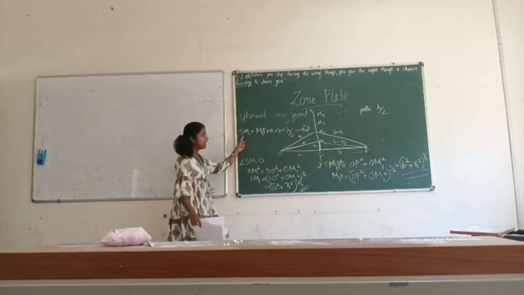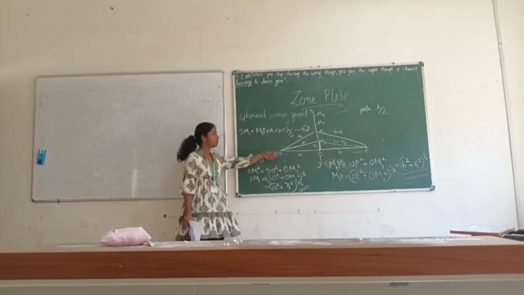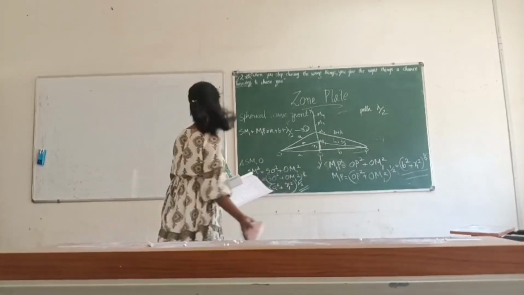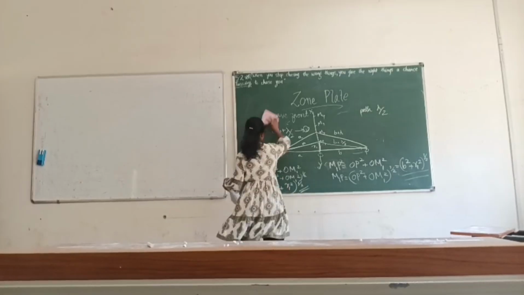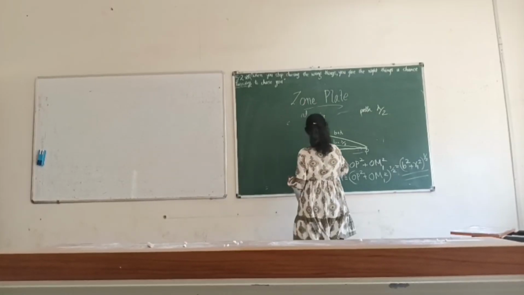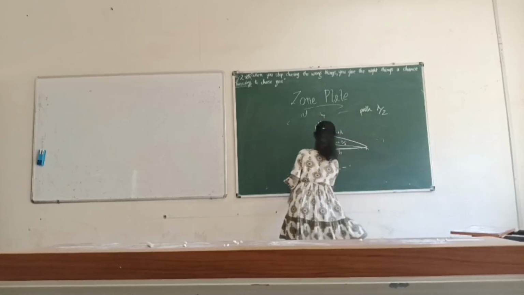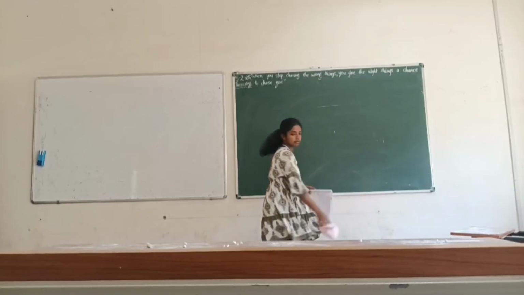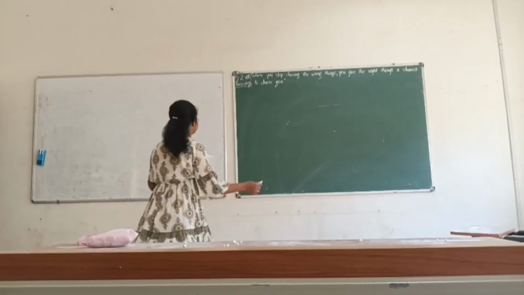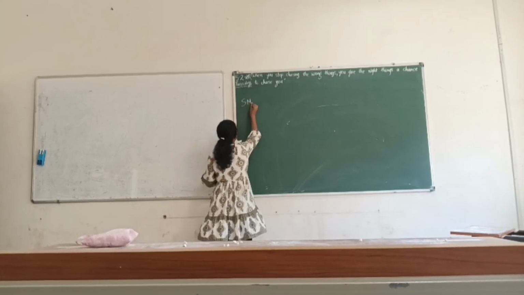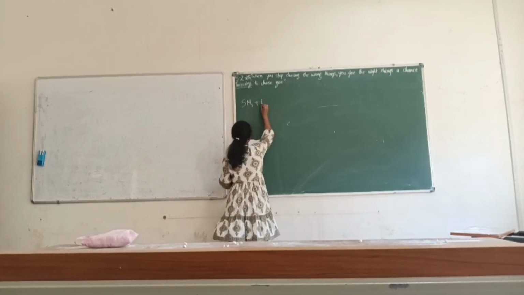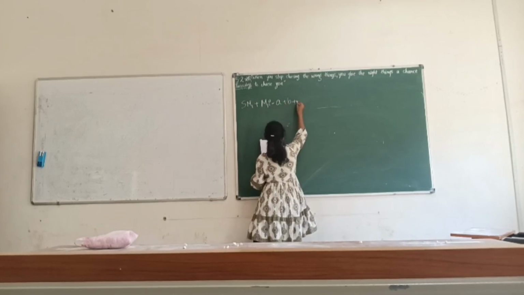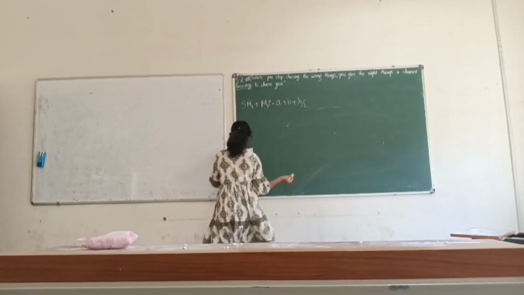Now we substitute the values of SM1 and M1P into this first equation. The equation is SM1 plus M1P is equal to A plus B plus lambda by 2.